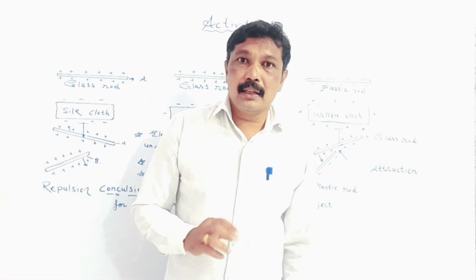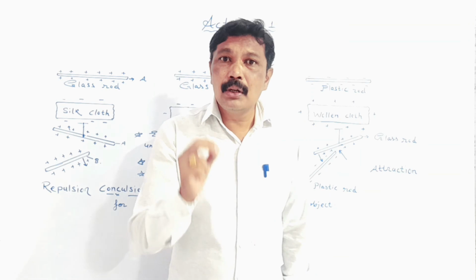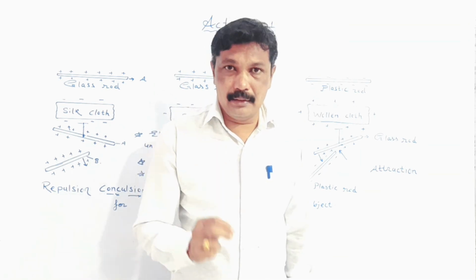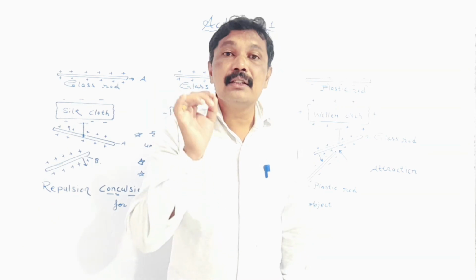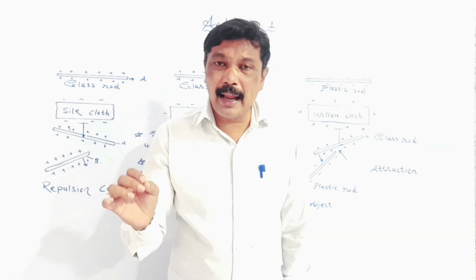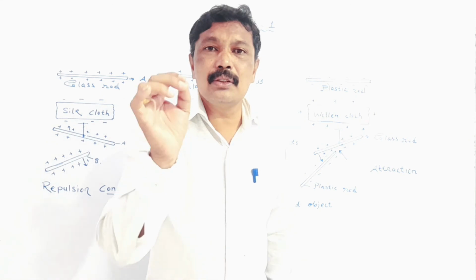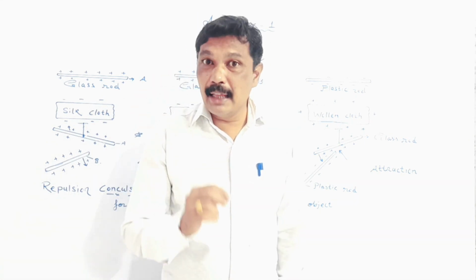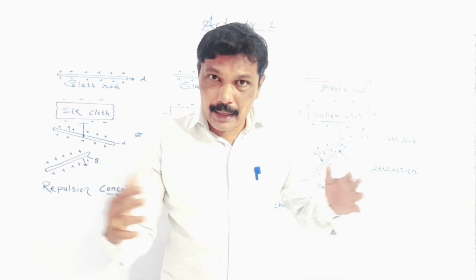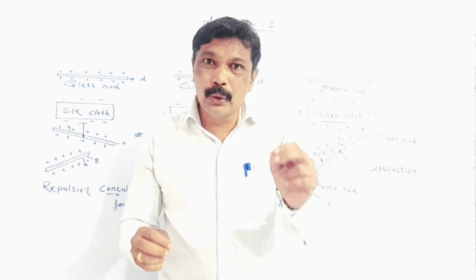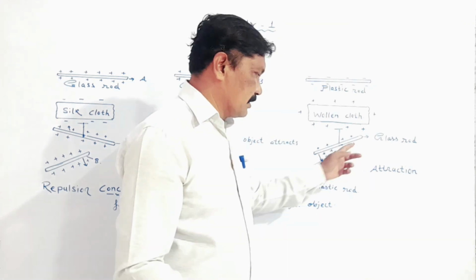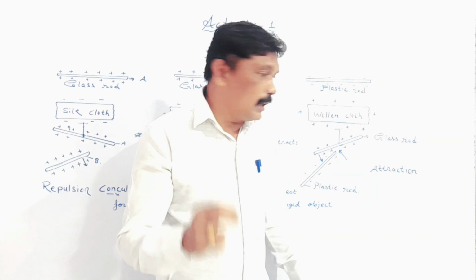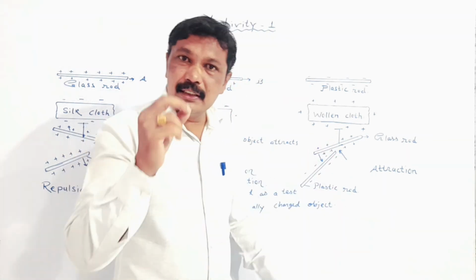My dear student, here we have come to a conclusion, and this conclusion we have to keep in mind. Number one, the charged object attracts the uncharged object. Number two, there is attraction between two unlike charges, or there is attraction between two opposite charges.